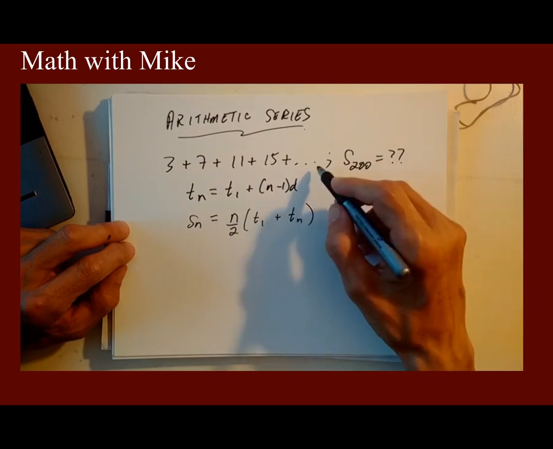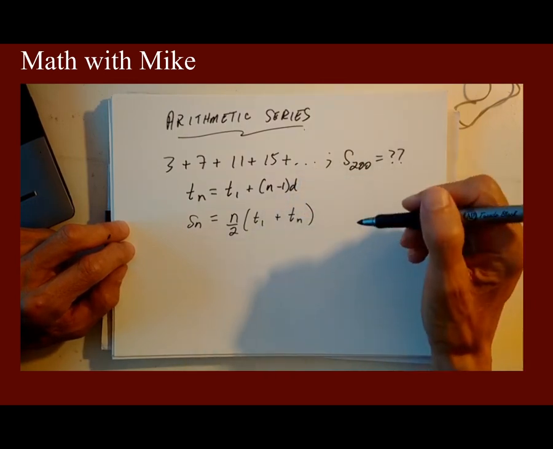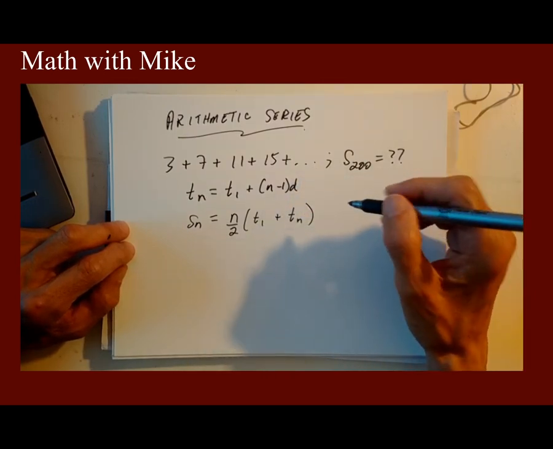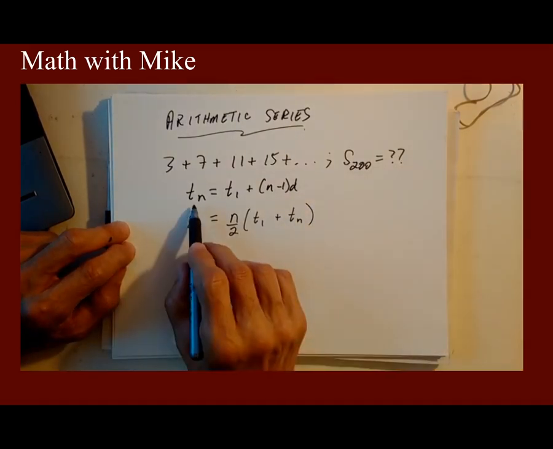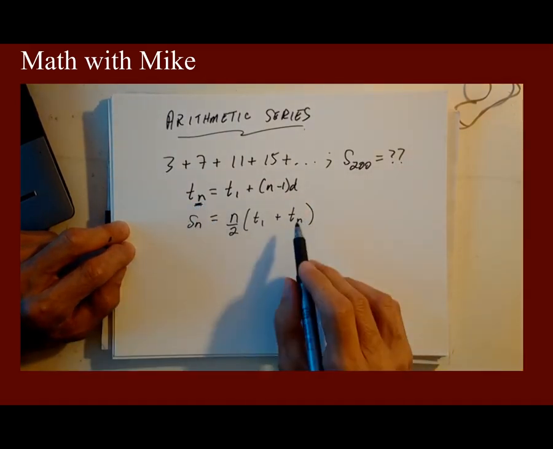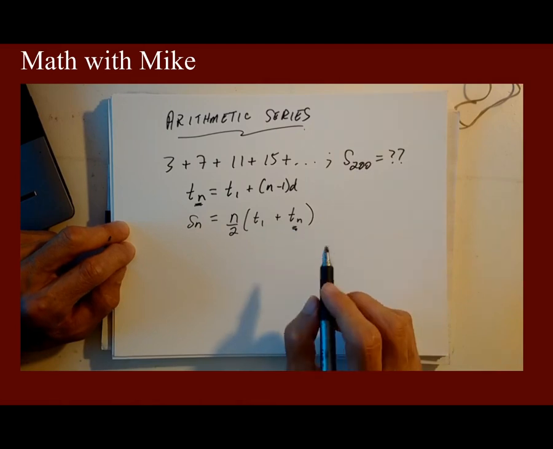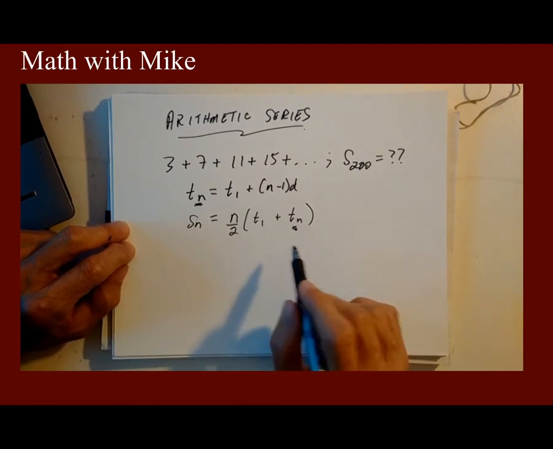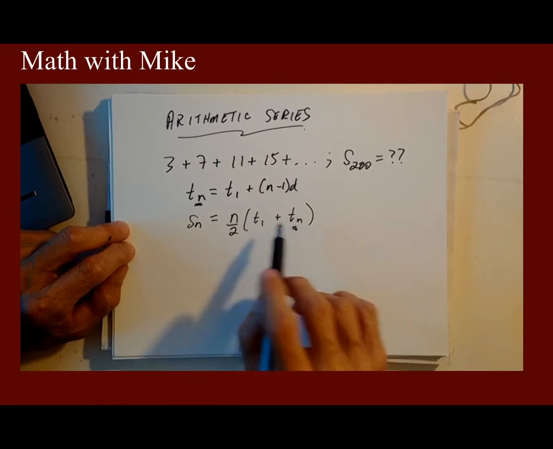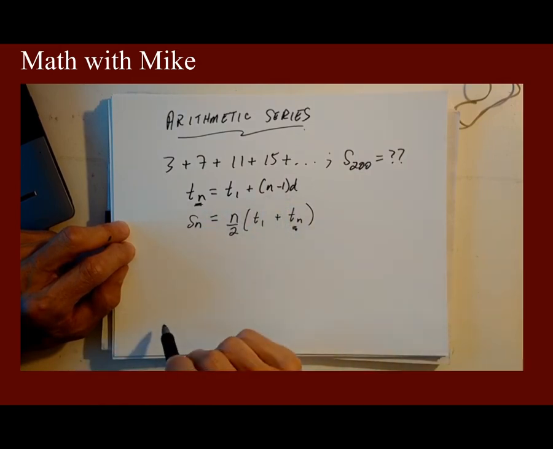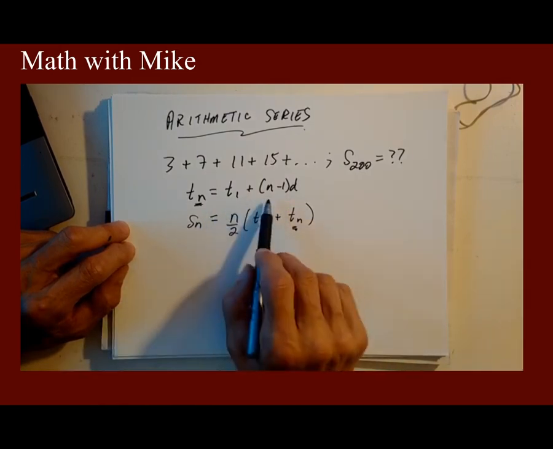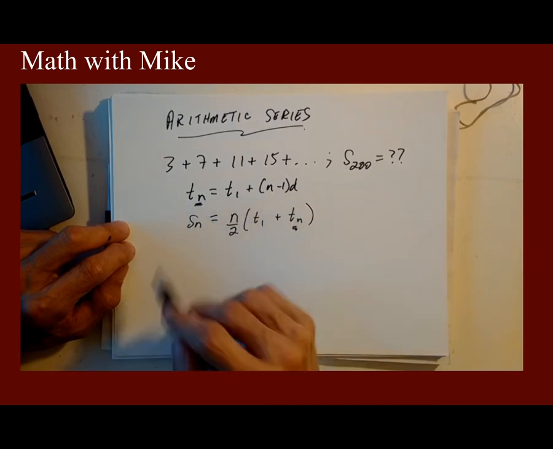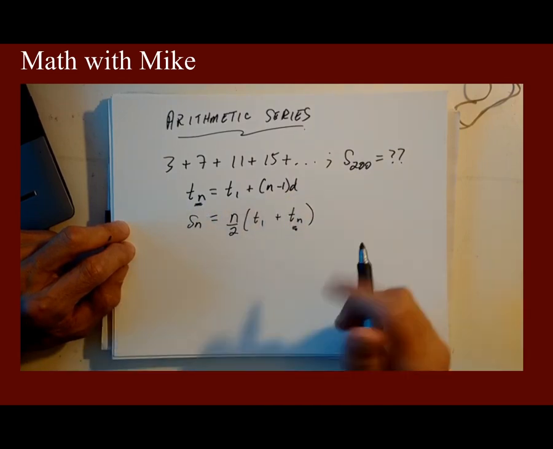But in this case, there isn't. So we do a little substitution, because you can see the tn there, and it's also there in the other formula. So we're going to replace this tn with all of this.